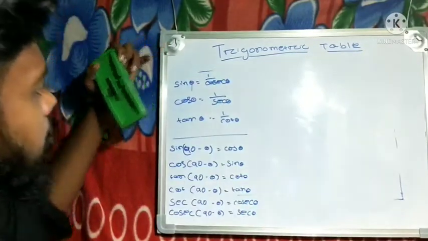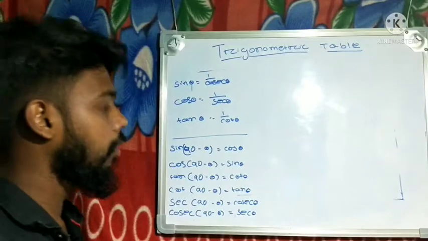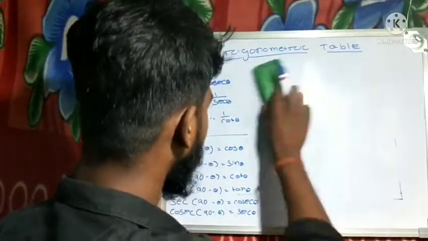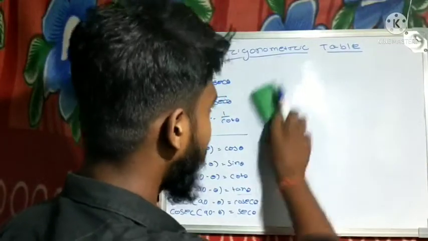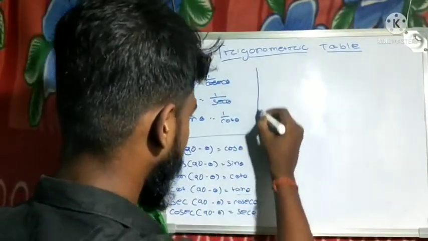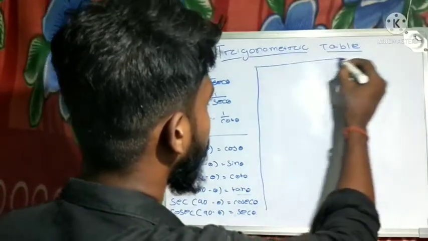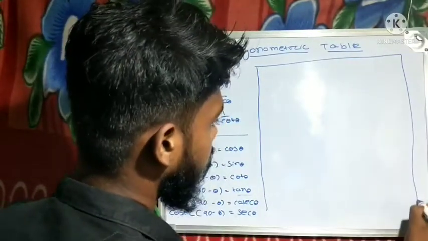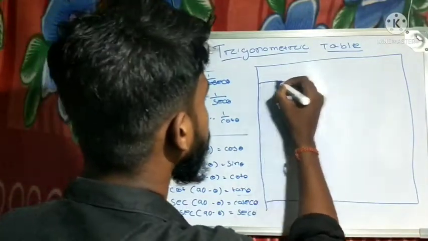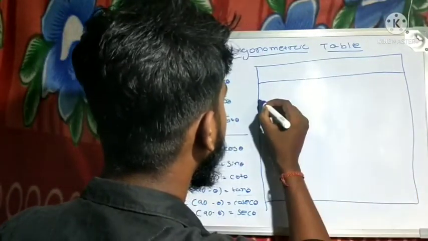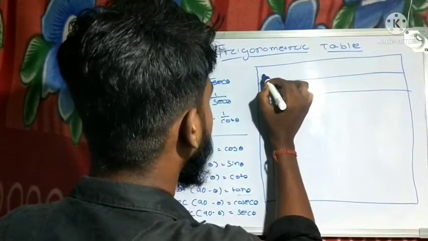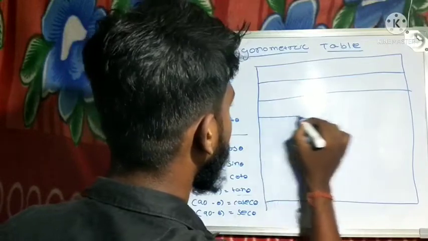These formulas are very important to remember the table easily. There is another short trick, but this is the fundamental behind that short trick. See here, we have to draw a table of trigonometry.